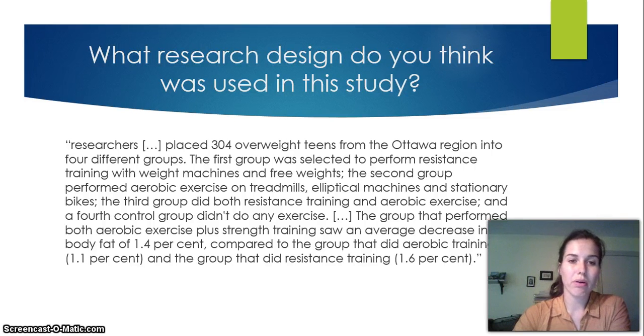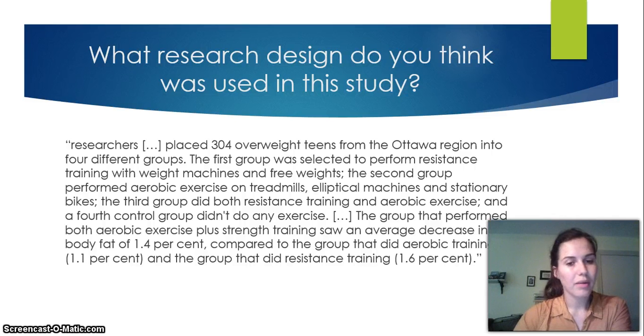The third group did both resistance training and aerobic exercise, and the fourth control group didn't do any exercise. The group that performed both aerobic exercise plus strength training saw an average decrease in their body fat of 1.4% compared to the group that did aerobic training with 1.1% and the group that did resistance training with 1.6%.